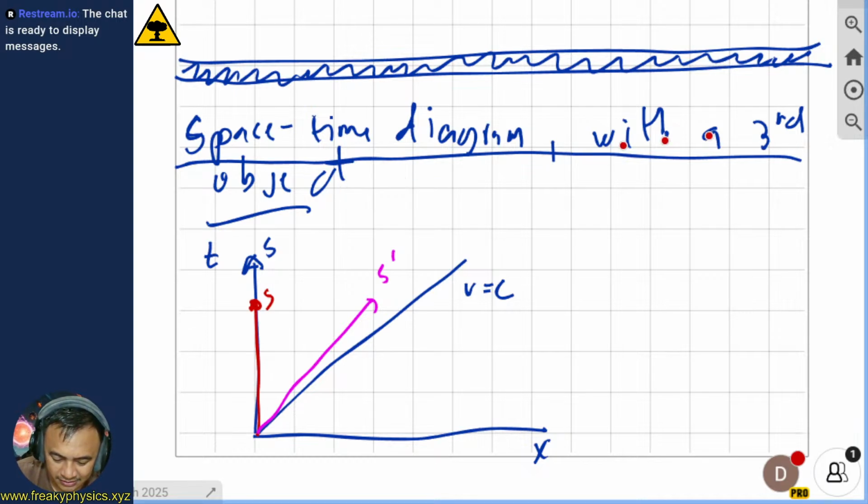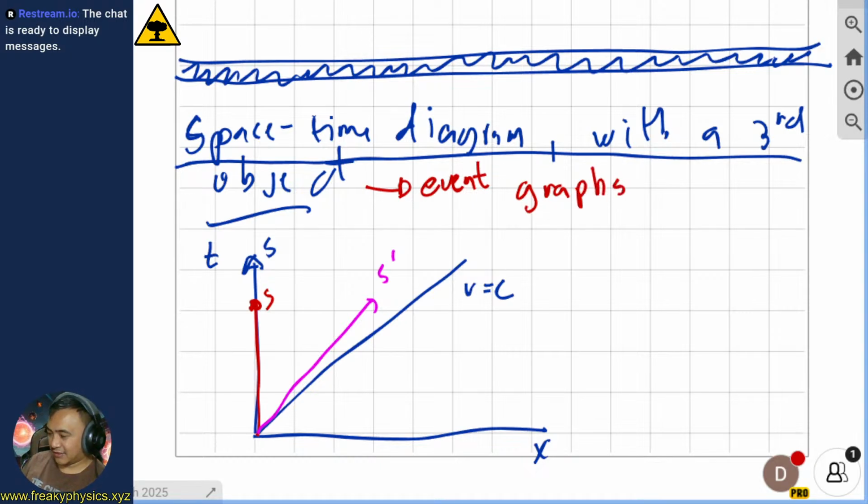Okay, because space-time diagrams are actually event graphs. They're not position graphs, they're not time graphs, they're event graphs. Okay, events are basically anything happening in space and time. So if you think about that, that's the exact definition of an event, right? Something happening somewhere at a certain time.